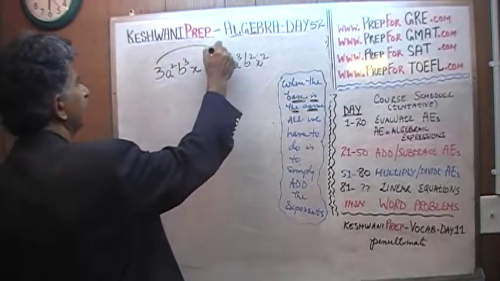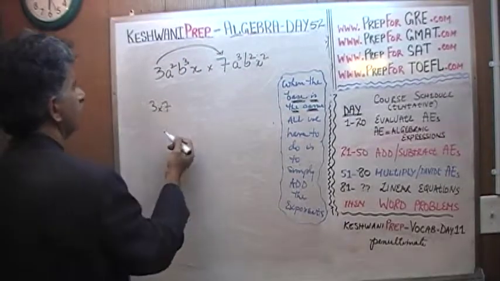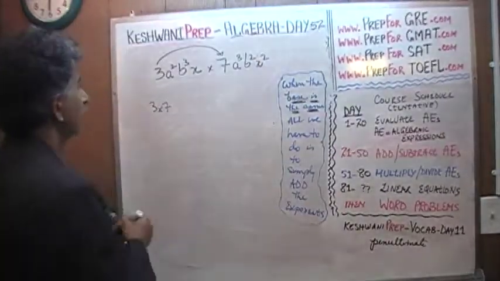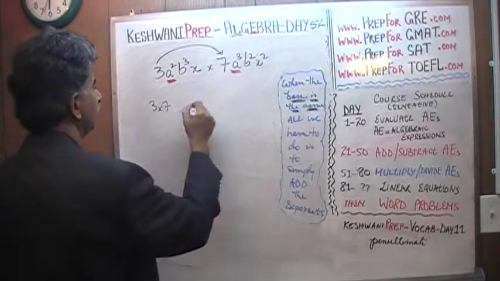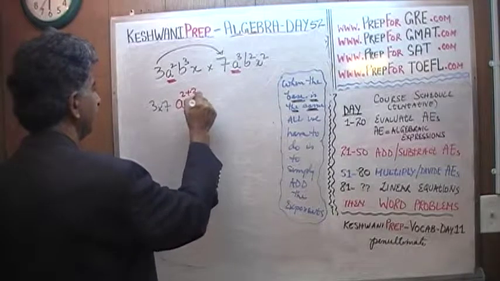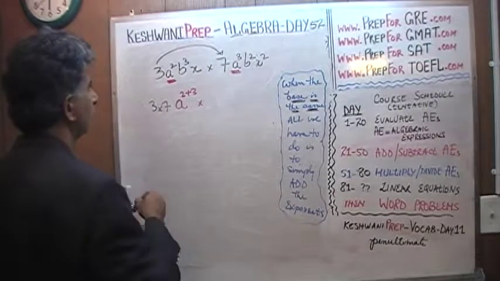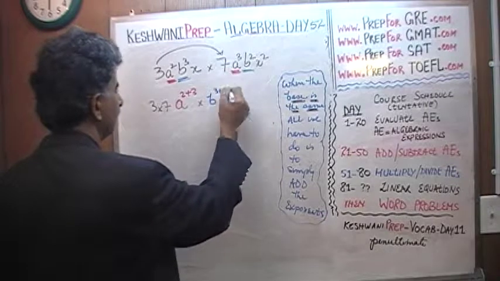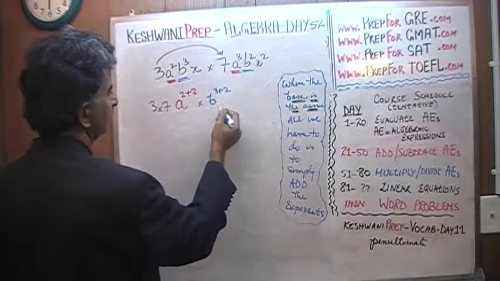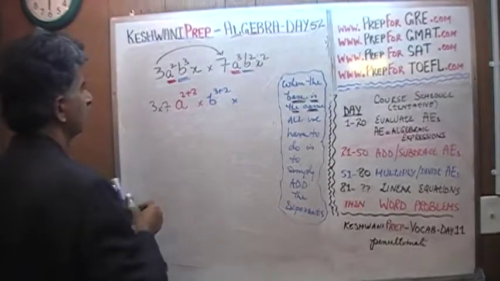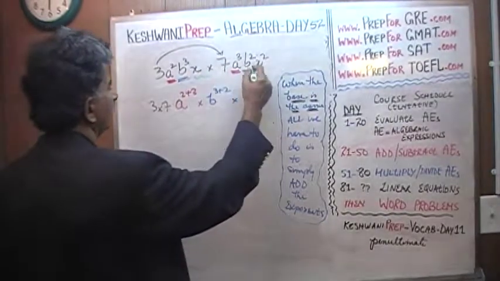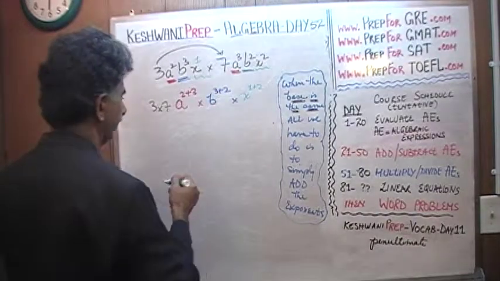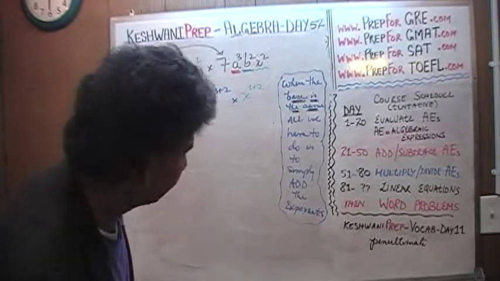So 3 times 7, and then we get a squared times a cubed, which is a raised to 2 plus 3, times b cubed times b squared, which is b to the 3 plus 2, times x and x squared, x to the first power, which is 1 plus 2, and that's our answer.